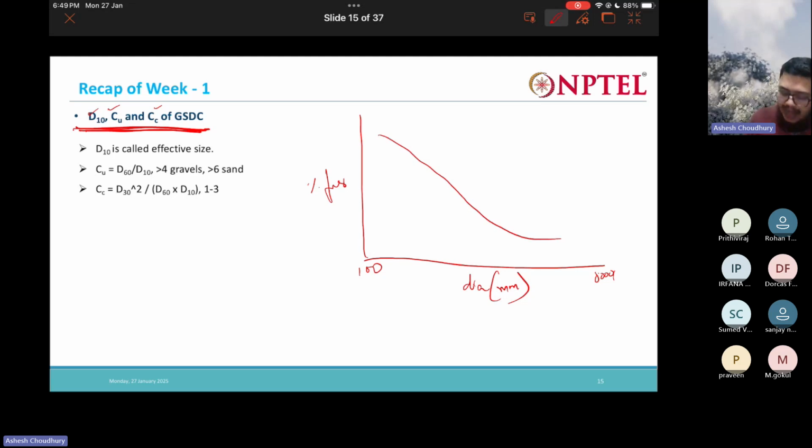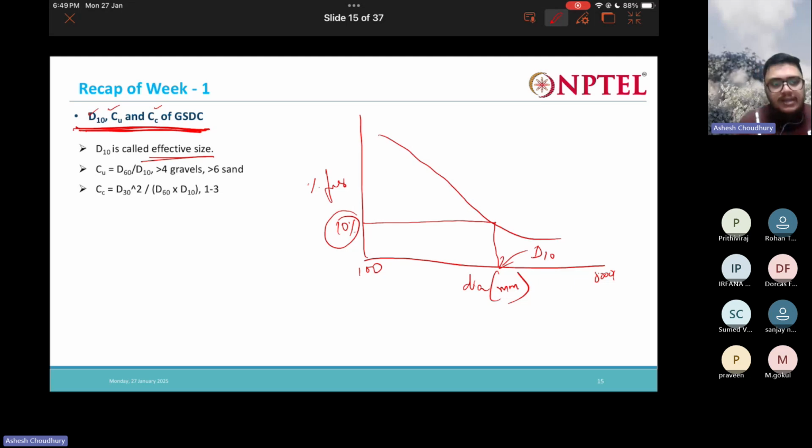D10 is nothing but the size corresponding to 10% finer. Remember that the D10 size is also called the effective size.